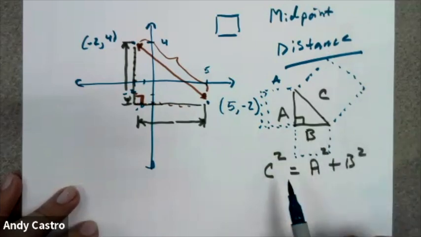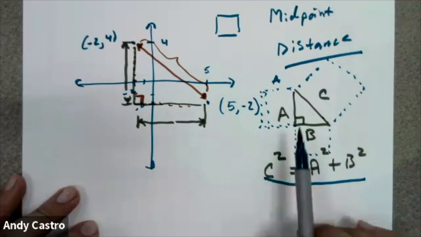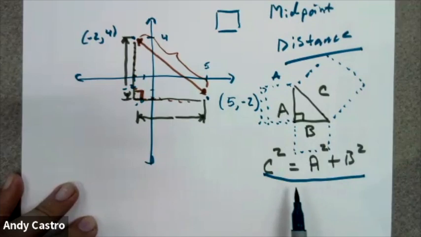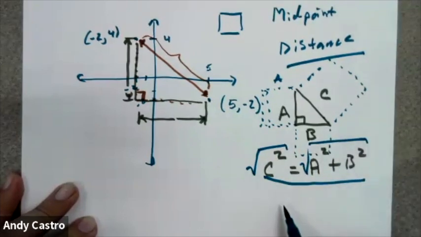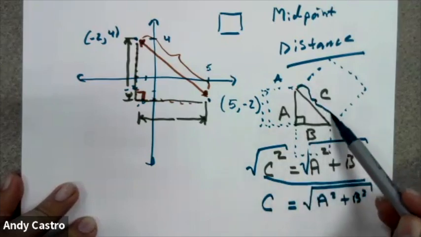And so what that allows us to do, and that's what this says right here, the area of C equals the area of A plus the area of B, because of length times width, that's where the squares come from. But essentially what this allows us to do is then calculate C. If I take the square root of both sides, the square root of C squared is C. And so the square root of A squared plus B squared is this distance here.